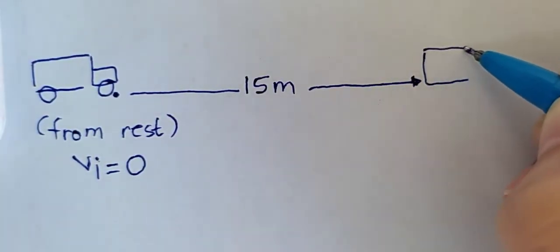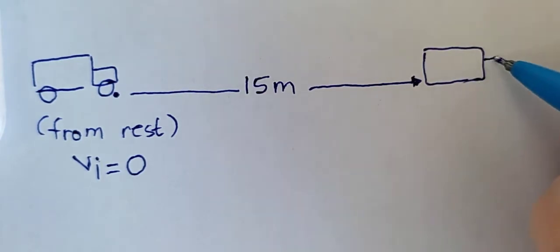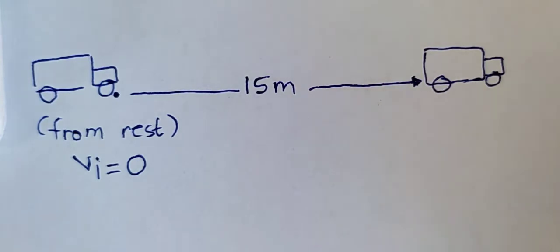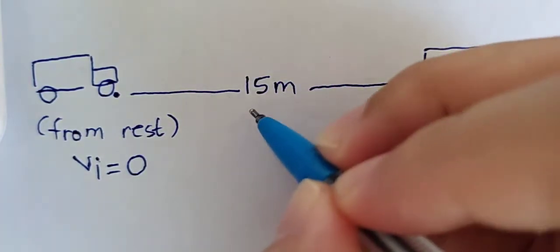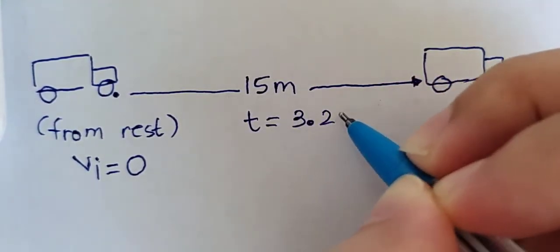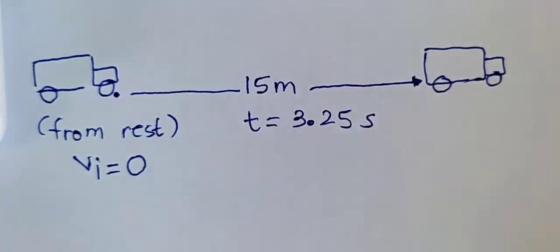Motion is defined as continuously change in position. So here is my drawing of my jeepney. Now, to cover that 15 meters, according to the problem, the time is equal to 3.25 seconds.